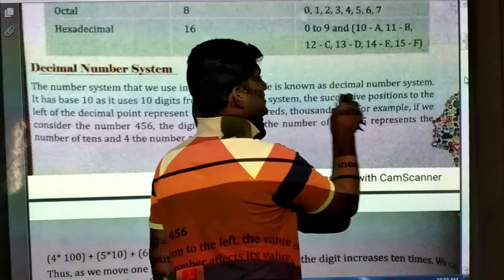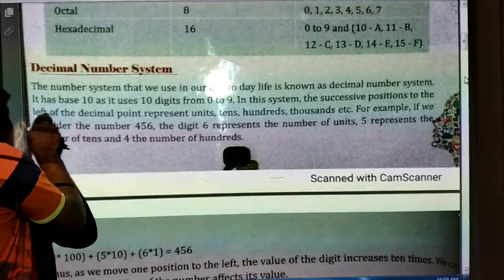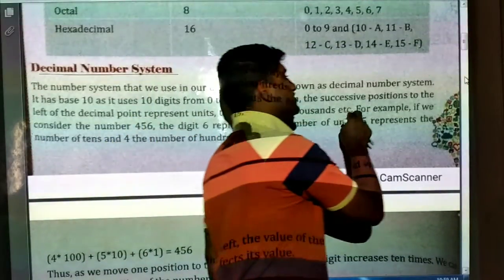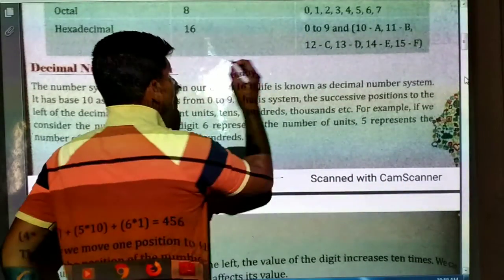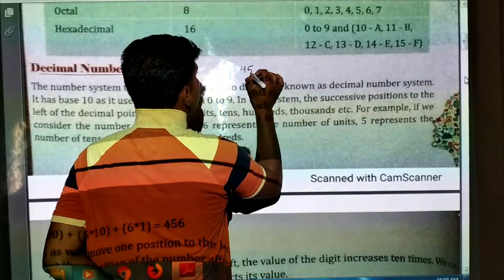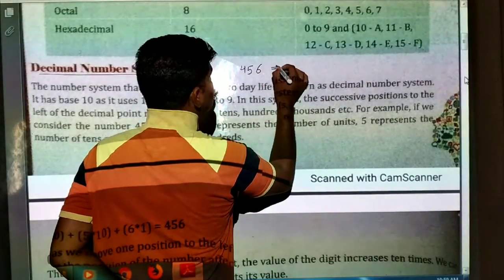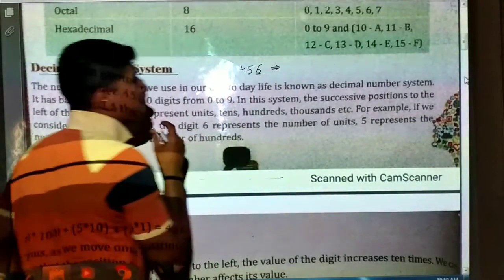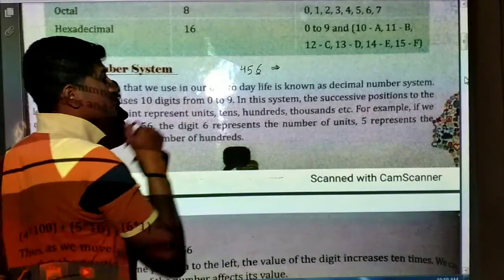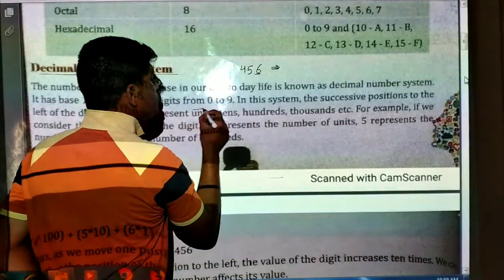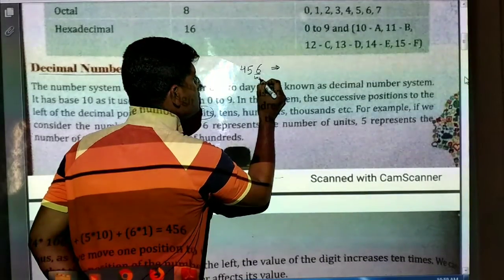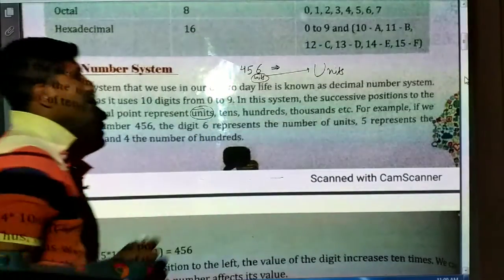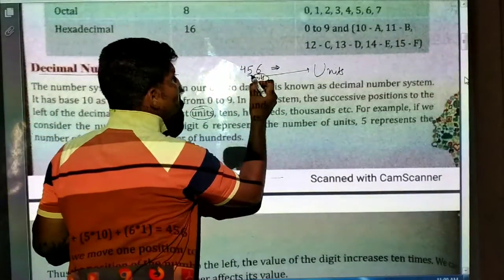In this system, the successive positions to the left of the decimal point represent units, tens, hundreds, thousands, etc. For example, now we will take an example: 456. In this, from the right side, 6 will be present at the first position. So it is the unit place. Next, digit 5 will be present.